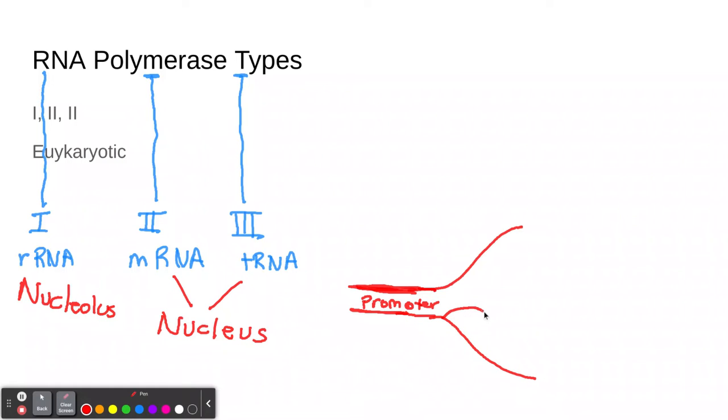And I'm just oversimplifying it here. So if we're trying to create mRNA, this will be a type what? What do you think? It'll be a type 2, right? Because we're trying to create mRNA. So it'll be a type 2 RNA polymerase. There we go. And it's going to read it from the 3' to the 5' end. This is transcription, remember.